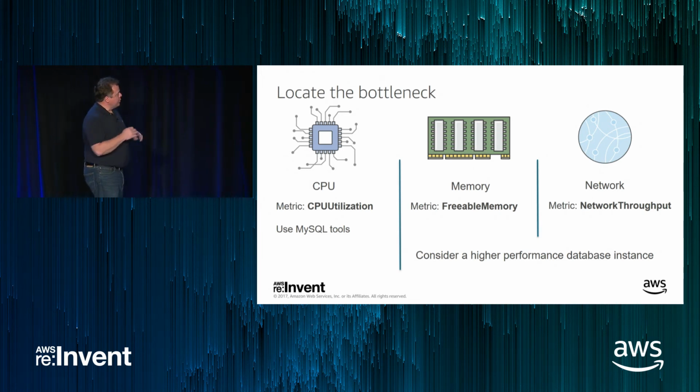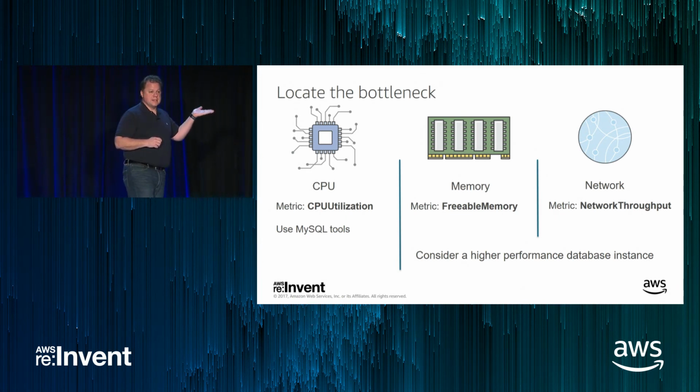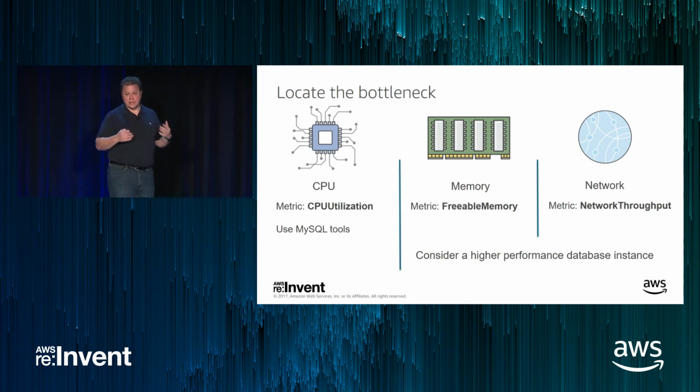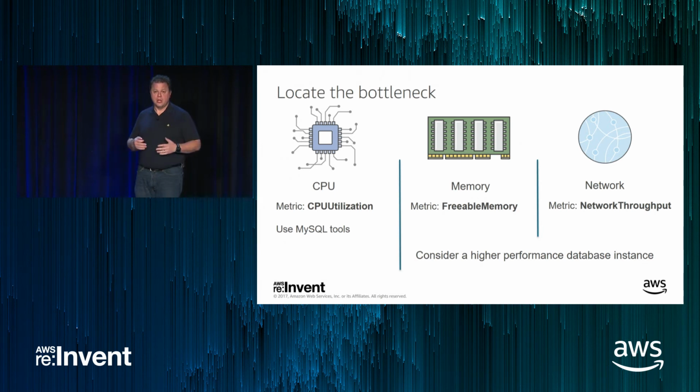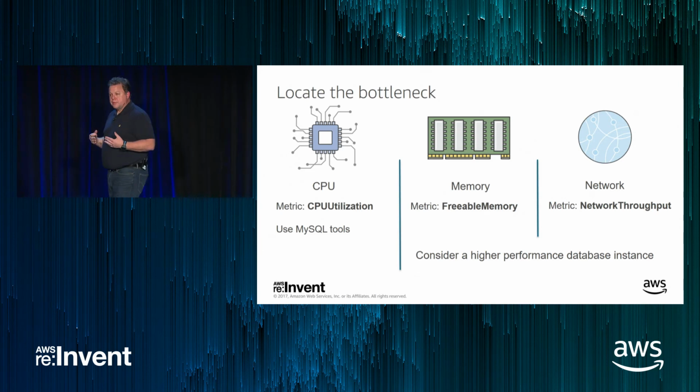And so when you're looking at these, there are two ways to go. One way that you can address these, if you identify that any one of these is your bottleneck, is to resize the instance, right? You can go up in instance size, and that's sort of the quick, easy way to address one of these bottlenecks. Sometimes, though, it's important to actually identify what the problematic queries are or what it is that is driving that resource utilization and pushing it.